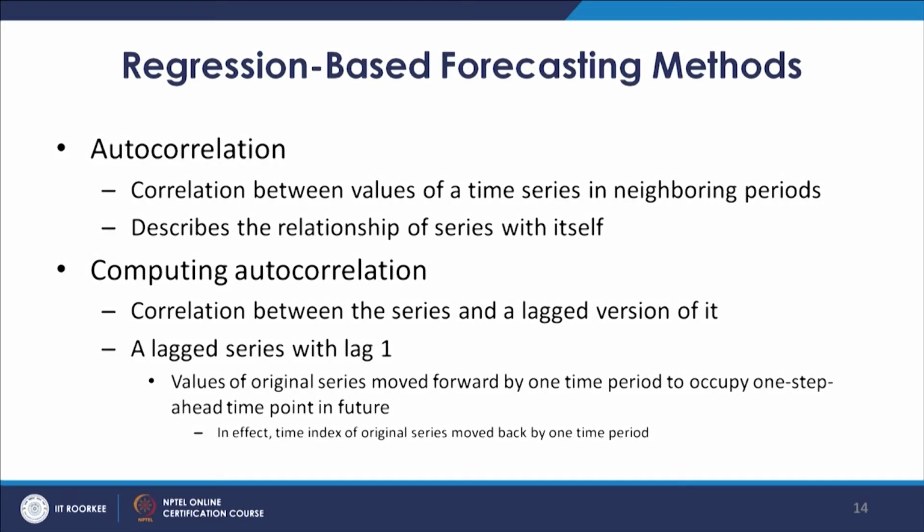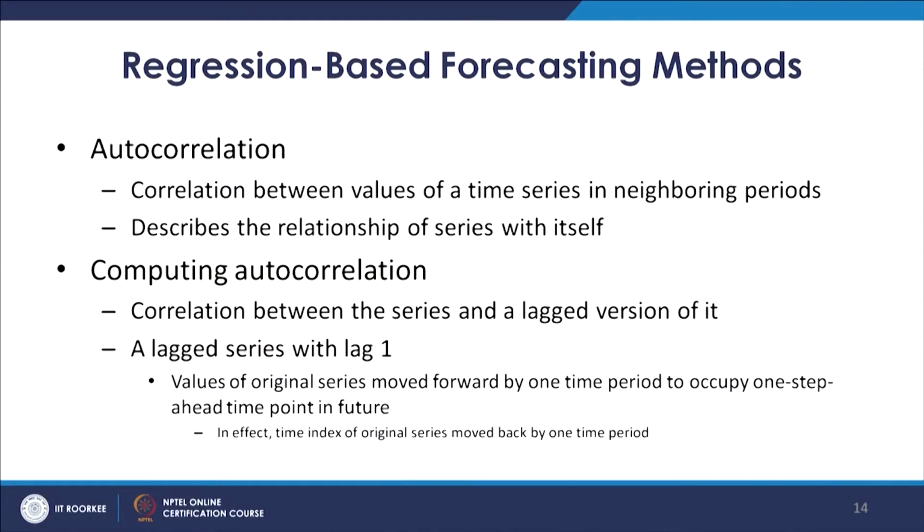That means the value at time t, if you move the series one time period forward, would now correspond to t plus 1, and the value corresponding to t minus 1 will now correspond to time t. So, the series creates a lag kind of effect. This is what we call a lagged series with lag 1.